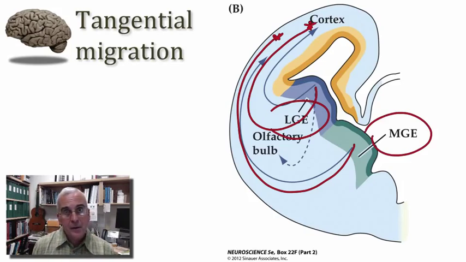But for this particular point, I would just want you to appreciate the fact that our pyramidal cells are derived from the ventricular zone and migrate in a radial dimension to reach the cortical plate, while our inhibitory neurons are derived from these ganglionic eminences deep in the forebrain, and they migrate, in some cases, quite a long distance in the tangential direction to reach their ultimate destination in the cerebral cortex. And the implication would be that there must be signals that guide their migration, that inform those neuroblasts about what their ultimate destination must be.